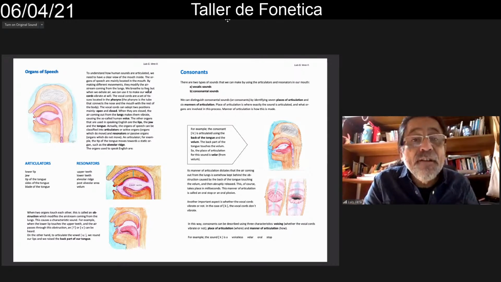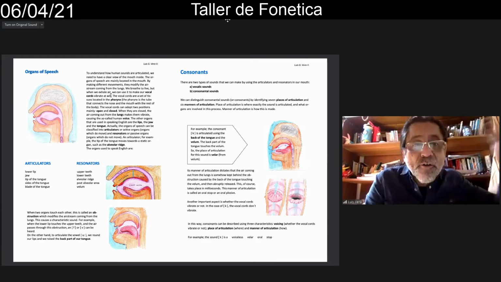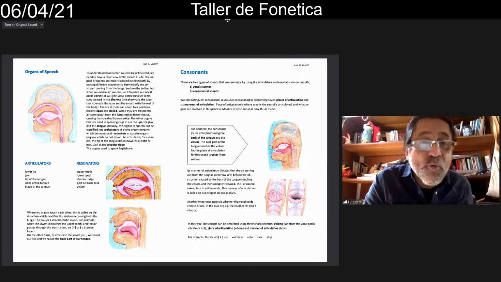We breathe to live, but when we exhale air, we put it out, we can use it to make our vocal cords vibrate at will. The vocal cords are a set of tissues located in the pharynx. The pharynx is a tube that connects the nose and the mouth with the rest of the body. Yeah, this is the pharynx.